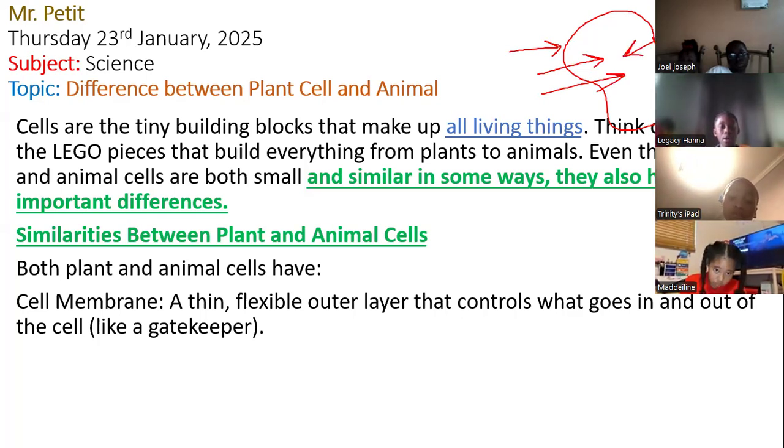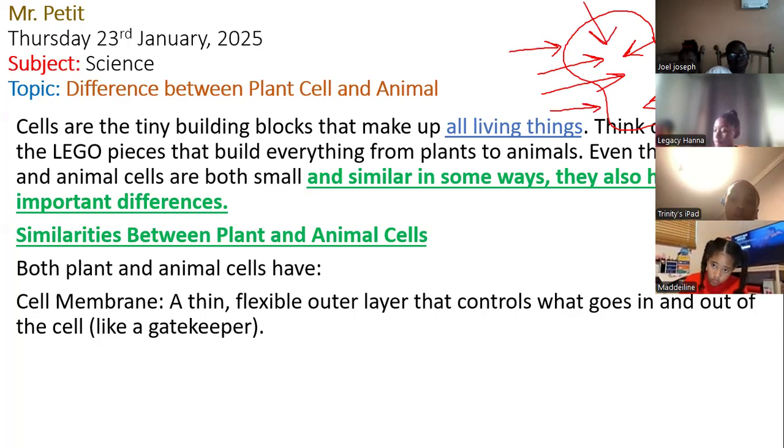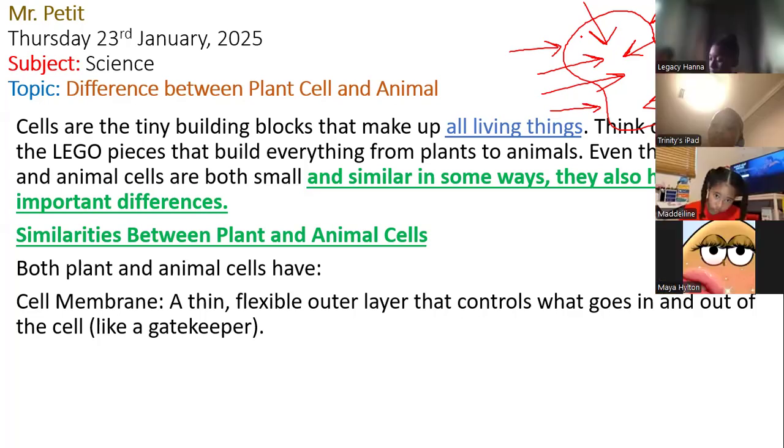So it's like, no, I don't want you, but you could come. So the cell membrane is there to select what's going to come in and out of the cell. And both plants and animals have a cell membrane.